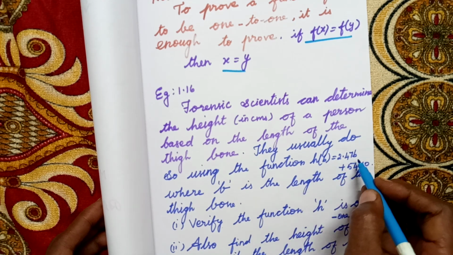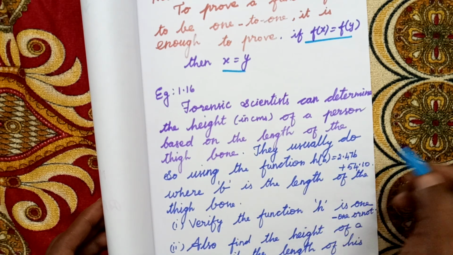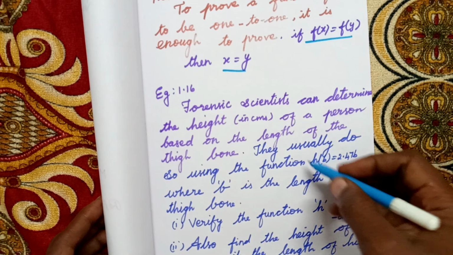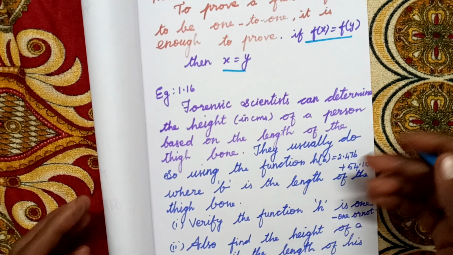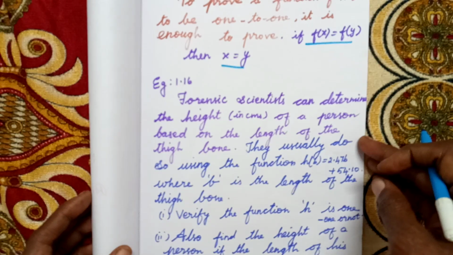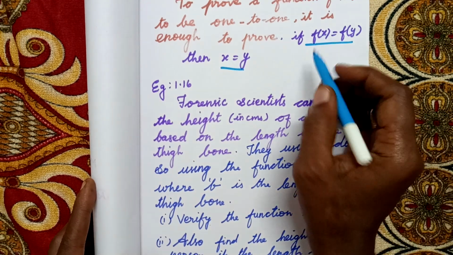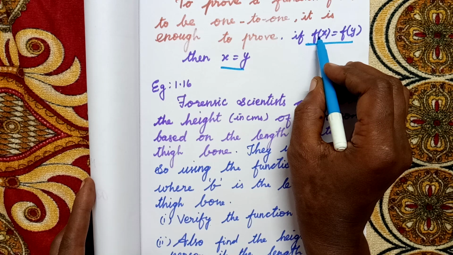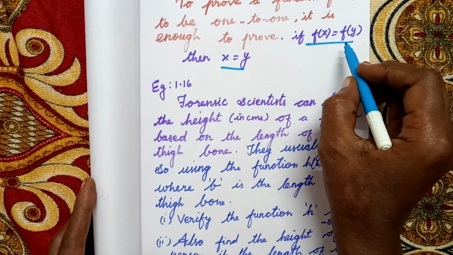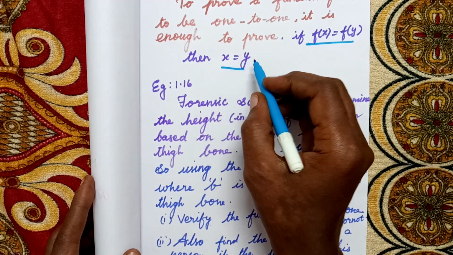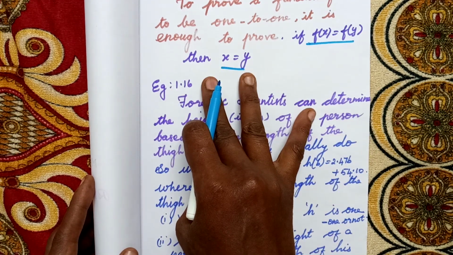Listen here. One function is given: h of b is equal to 2.47b plus 54.10. This is a function, and we have to check whether it is one-one or not. Now see this note: if f of x is equal to f of y, we have to bring it to x is equal to y, then it is one-one.